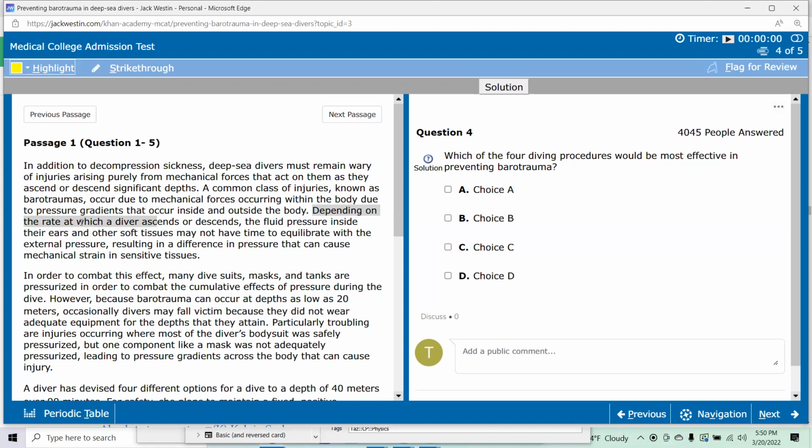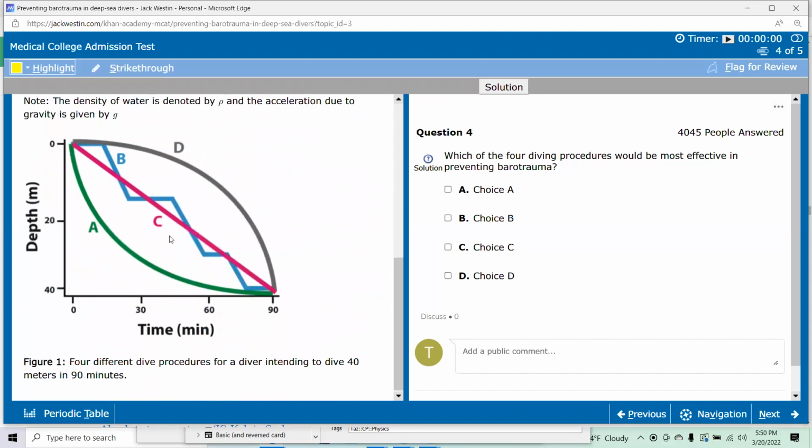The rate at which the diver ascends or descends, notice that this is depth over time, right? So the rate at which they descend is the slope of these lines, because if you descend very quickly, your line will be something like this.